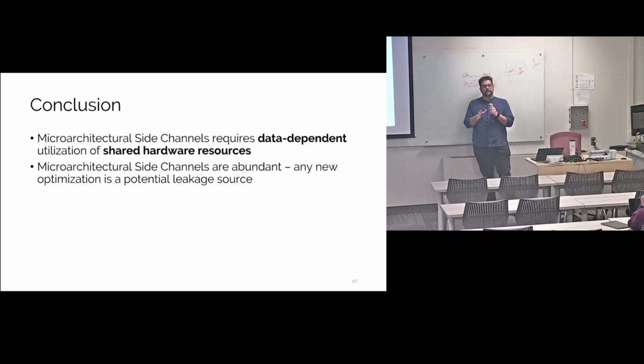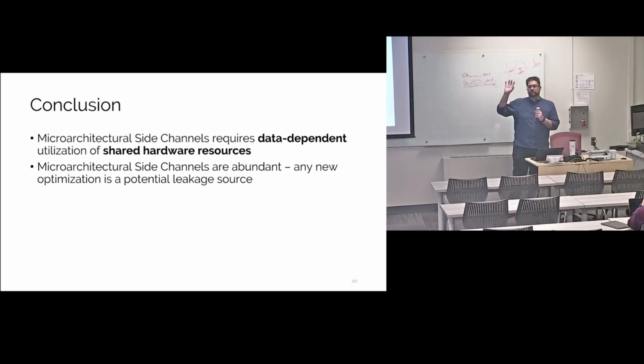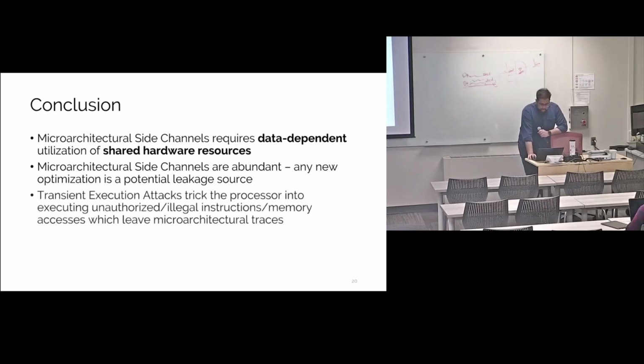Any new optimization that you put in your microarchitecture is a potential leakage source if it's doing data-dependent utilization of shared hardware resources. We just looked at caches, but in that giant figure that we saw, there are several other places to leak from, whether it's your front end, your back end, or uncore, that is stuff which is outside the main core.